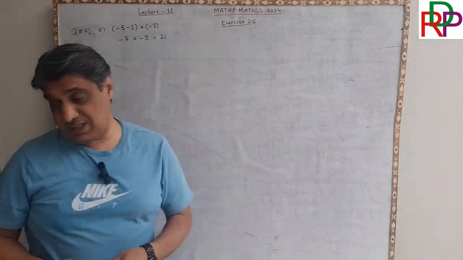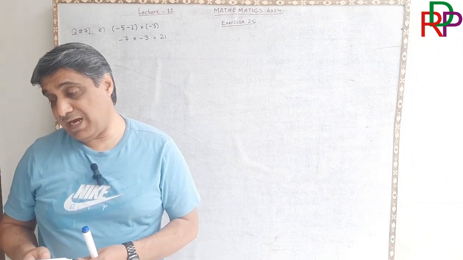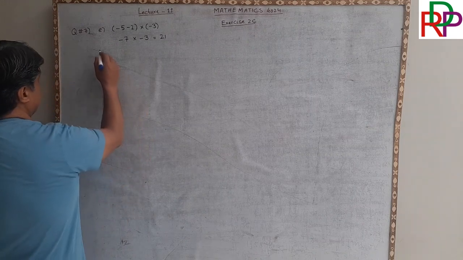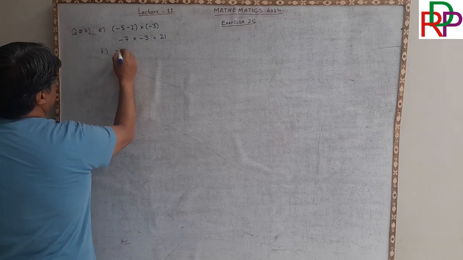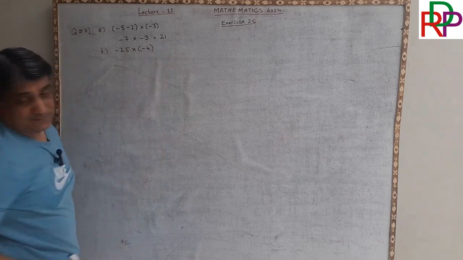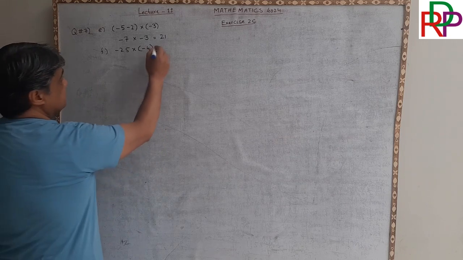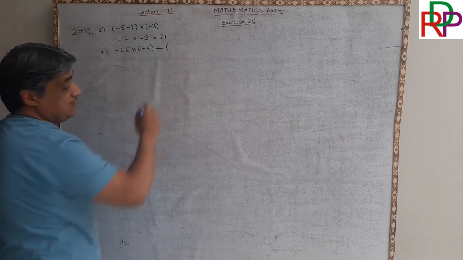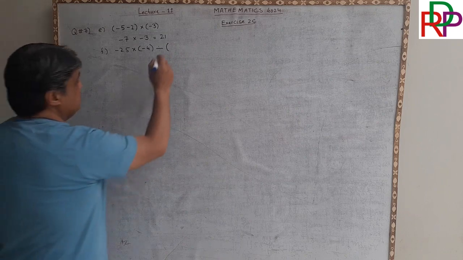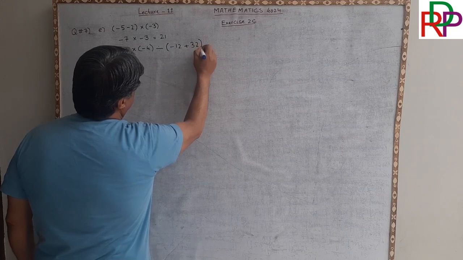Now the next part is saying that f is minus 25 multiplied by minus 4, and then we are having the division symbol, and then in the bracket minus 12 plus 32.